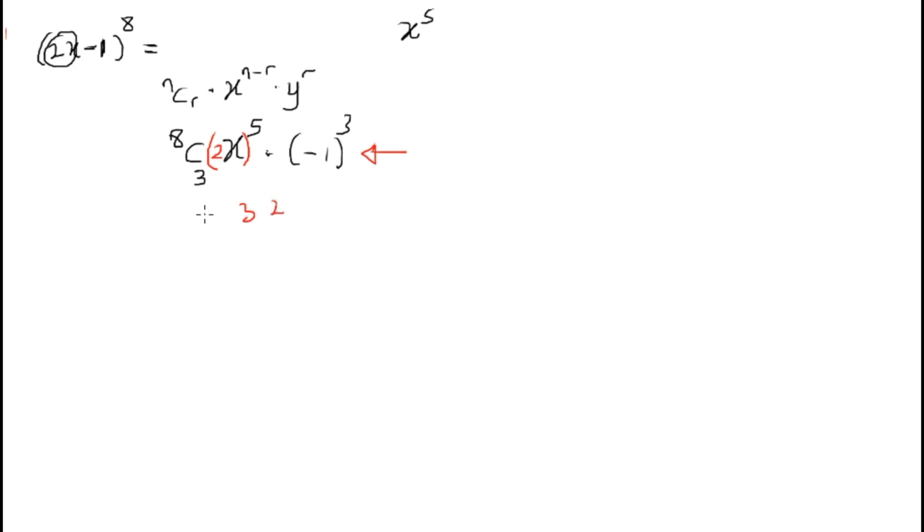Then we need to multiply it with 8 combination 3. 8 combination 3 is 56, so we'll have 56 right there. So the final answer is 56 multiplied by 32, which is negative 1792.